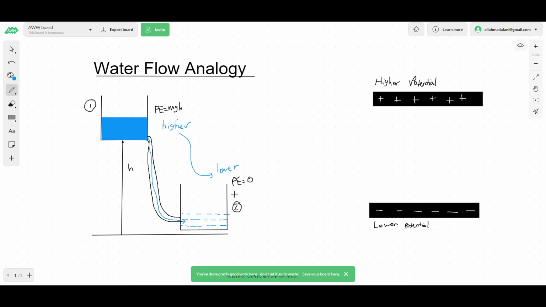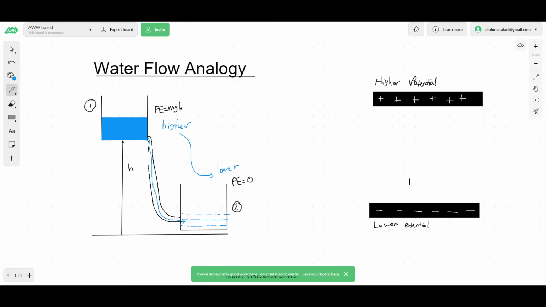Now let's talk about charges. So over here I have a positively charged object and a negatively charged object. We're calling the positively charged object higher potential, and the one that's down here lower potential. Now this is higher potential not because it's higher up or above the other one, it's just higher potential because it has more charge.